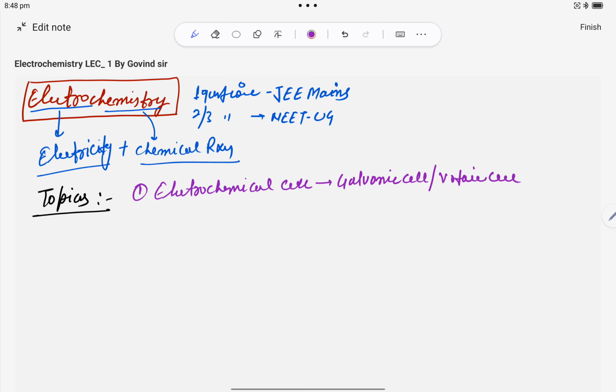What is the work of this cell, children? Basically, this electrochemical cell converts chemical energy into electrical energy.